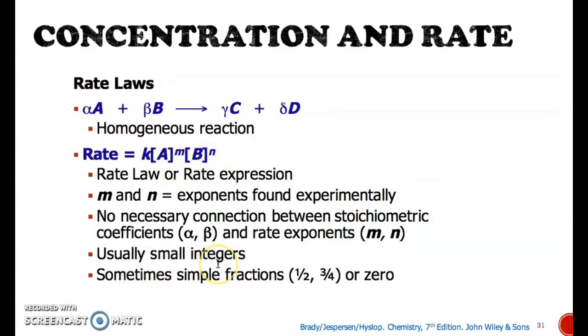Usually small integers, sometimes simple fractions or zero.